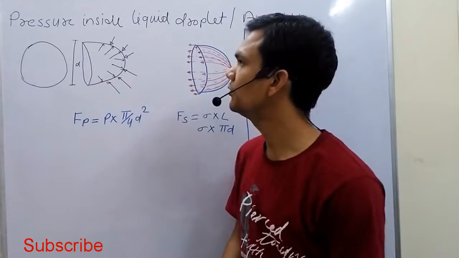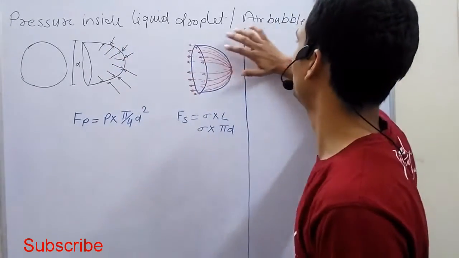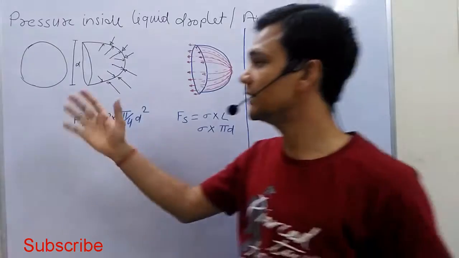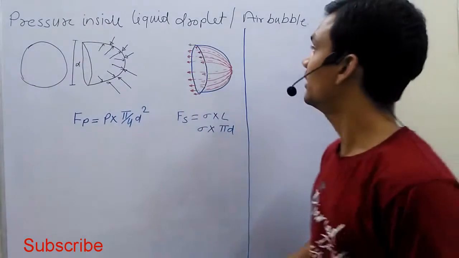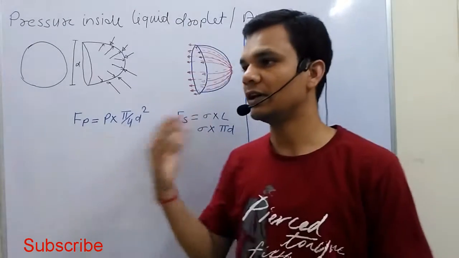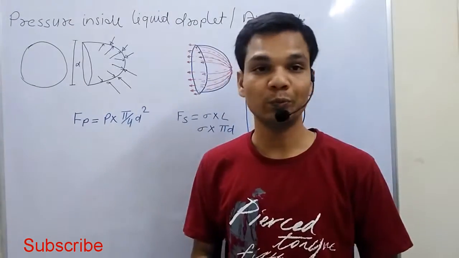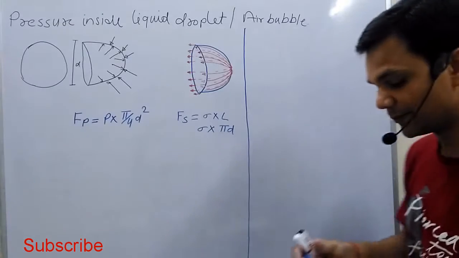Today we discuss the pressure inside a liquid droplet or air bubble. To understand this, we first need to understand why a liquid droplet, air bubble or soap bubble is spherical in shape.